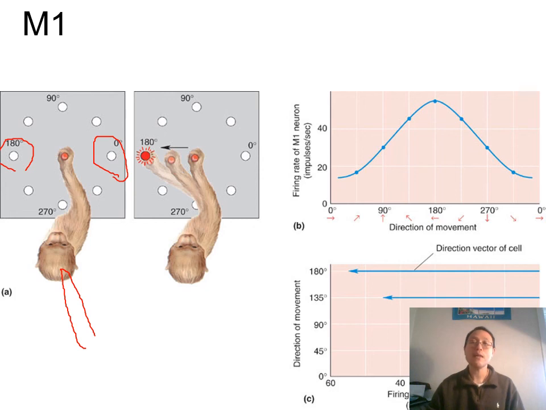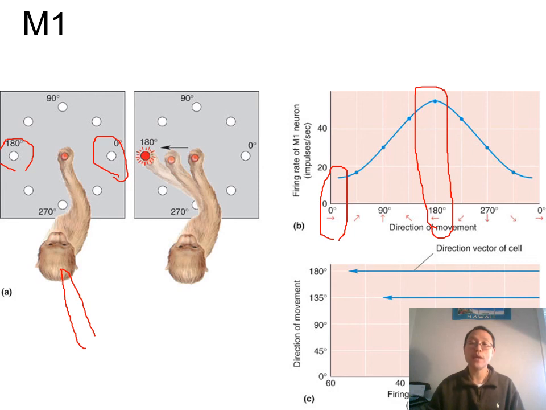And when they looked at the direction of the movement and at this very specific cell in terms of the firing rate, what they're seeing is that when the monkey is making a movement to the left, the cell fired the most. And when it is moving in the opposite direction, let's say 0 degrees, it fired the least, and pretty much everything else in between.